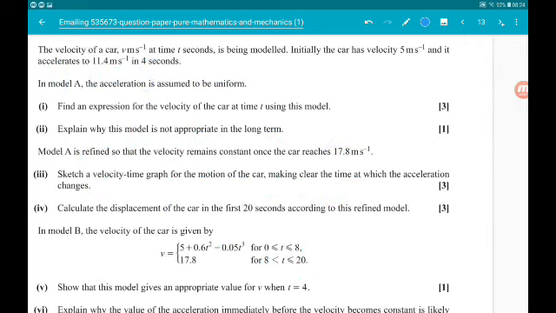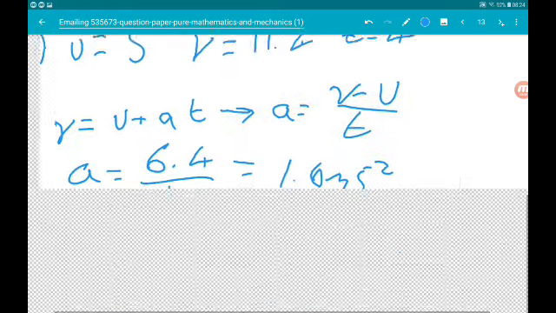Part 2 wants us to explain why this model is inappropriate in the long run for 1 mark.